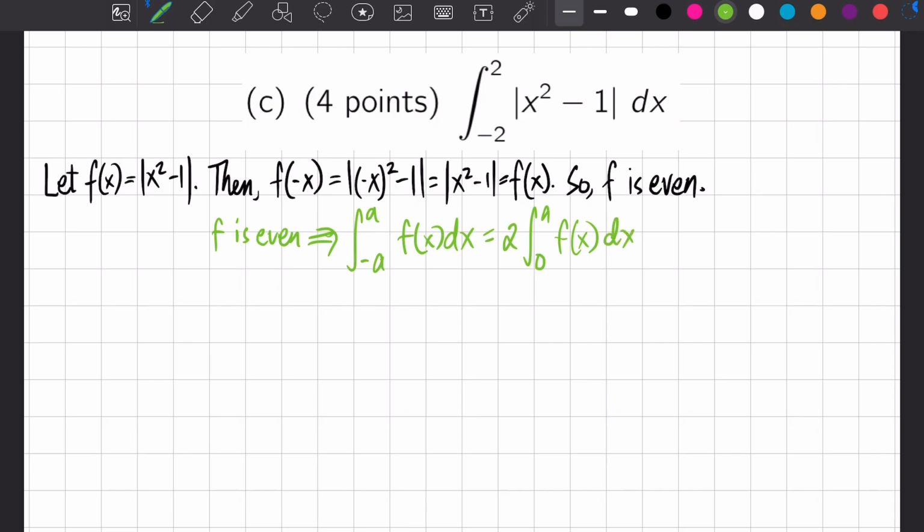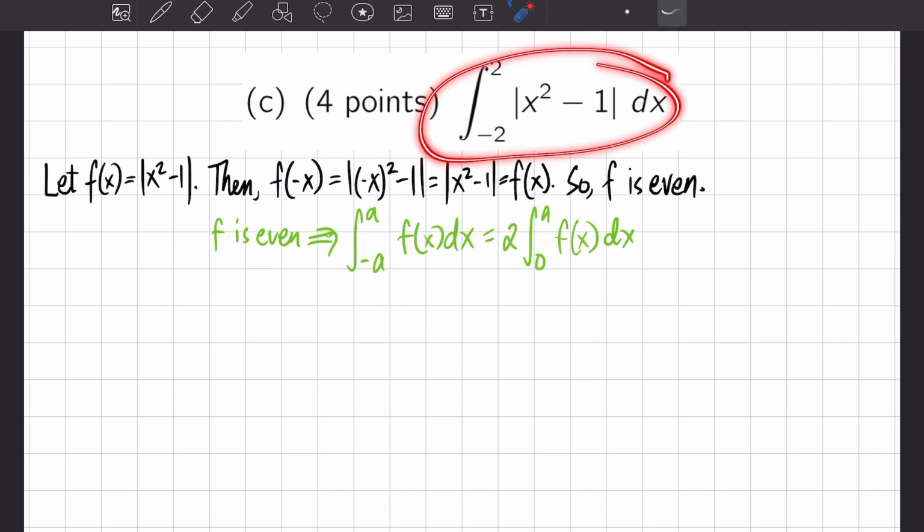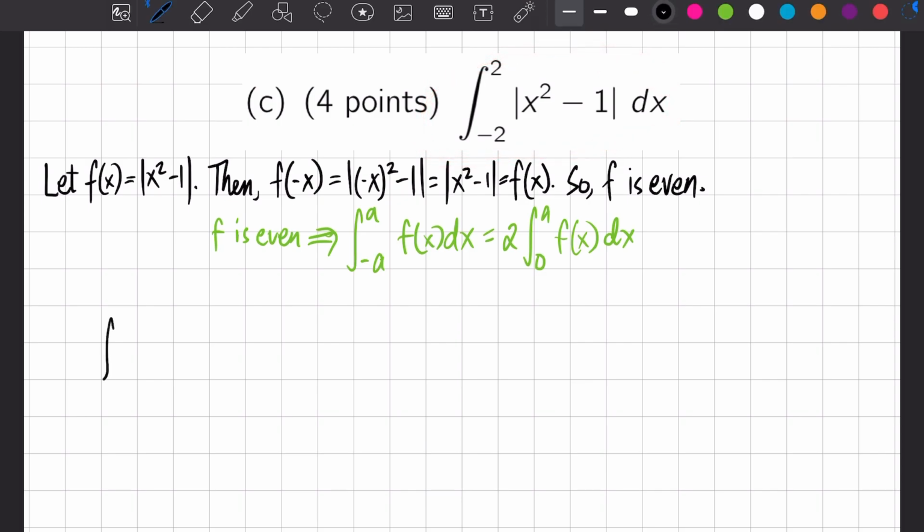That's something that we have discussed in lecture 4.4. So, this one right here can be simplified into twice of the integral from 0 to 2 of the absolute value of x squared minus 1 dx.